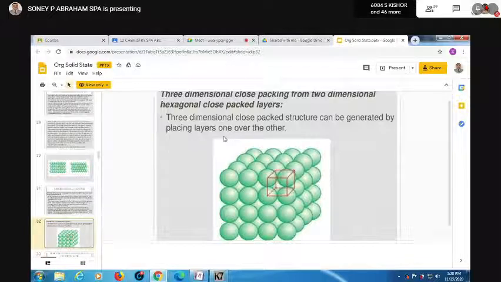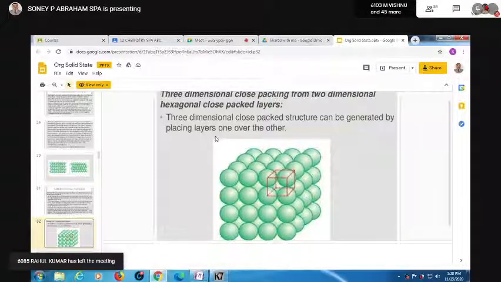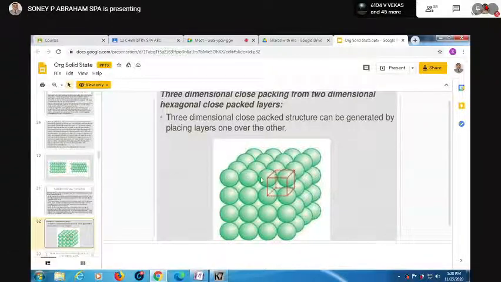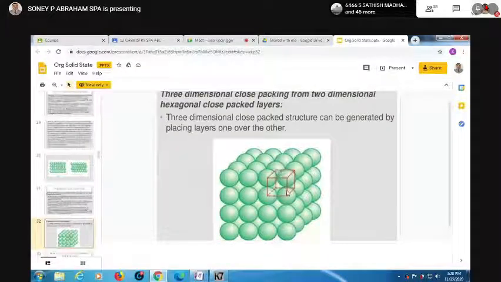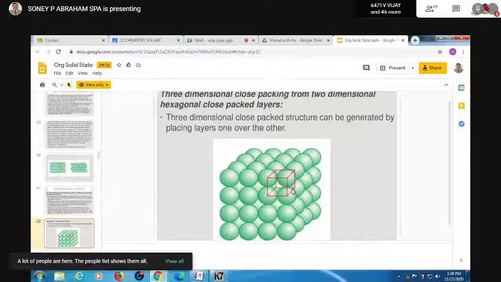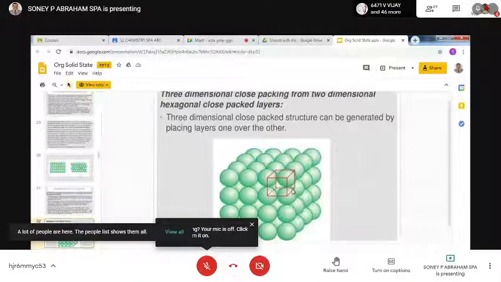Now, when we are talking about the three-dimensional packing from a square close pack structure, you can see that different layers are taken in which square close packing is there. There is vertical as well as horizontal alignment of atoms in each and every layer.